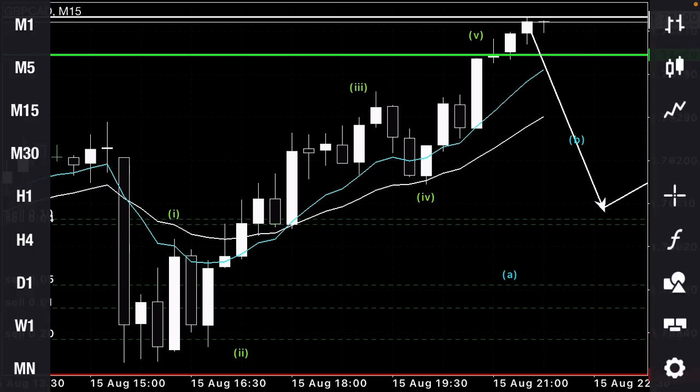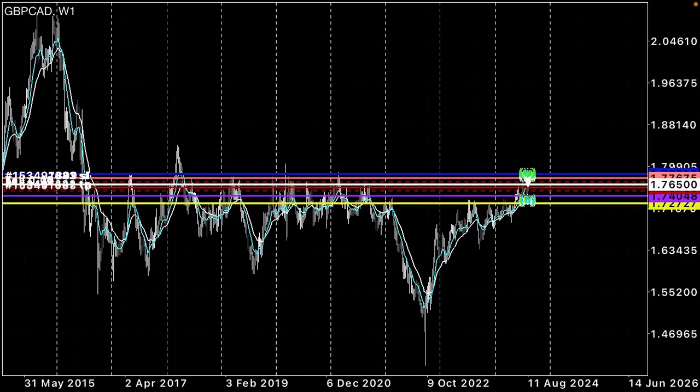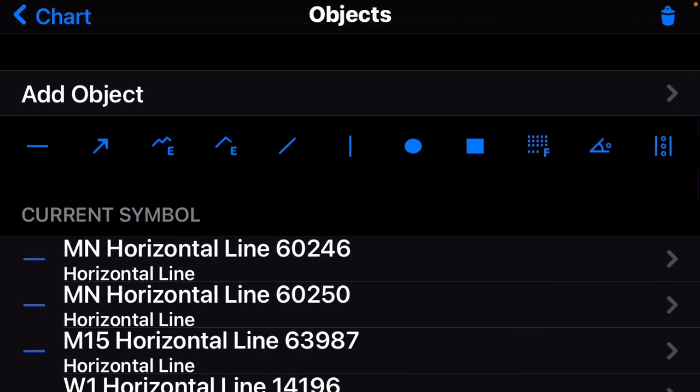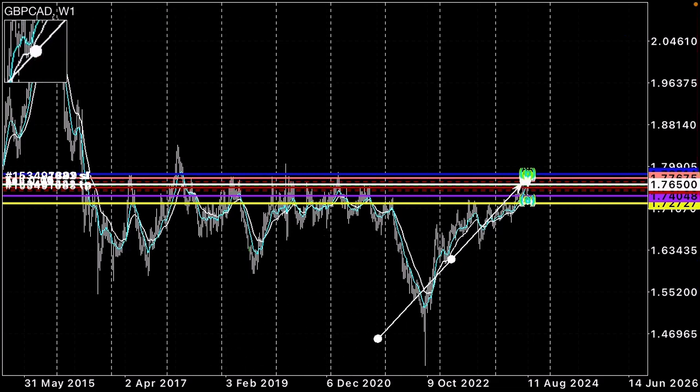But see, the thing with this pound CAD on the weekly, this thing's bordering on wanting to bust through. But before it busts through, it'd be nice if it came back down.